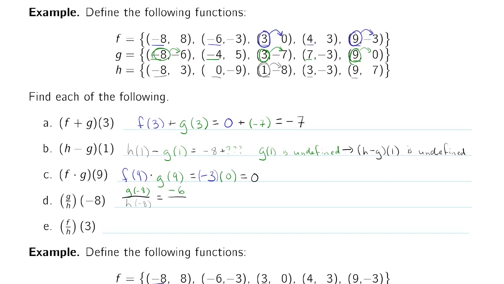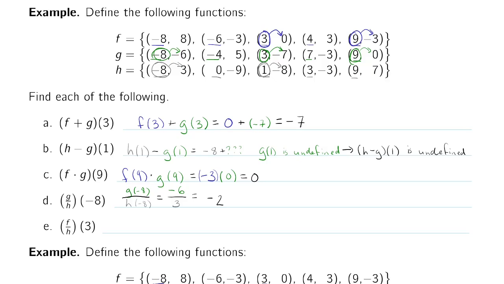To take h of -8, we look in the function h, and we see input -8 goes to output 3. So g over h of -8, that's -6 over 3. That just works out to -2.